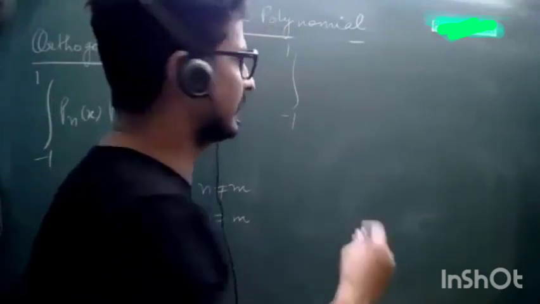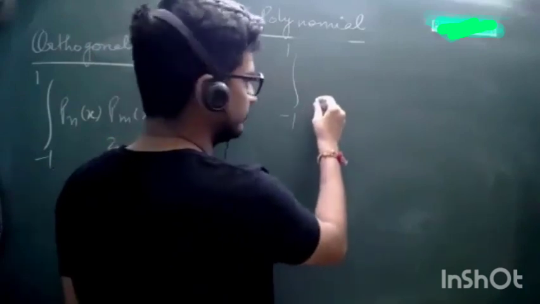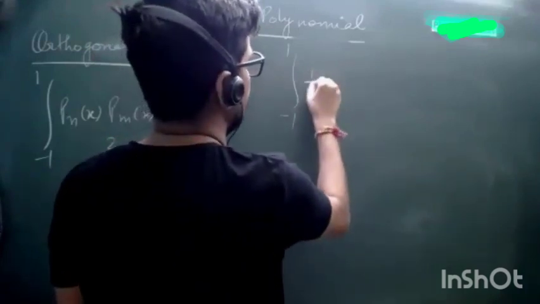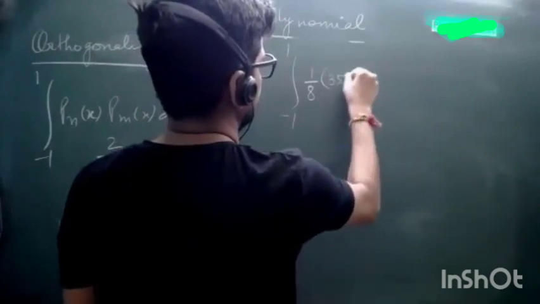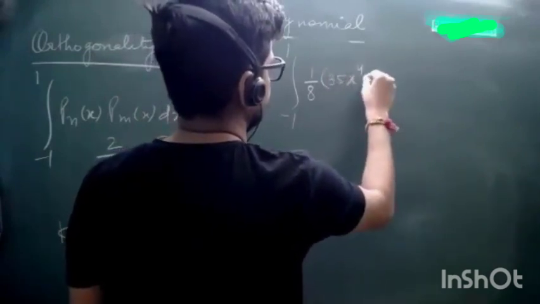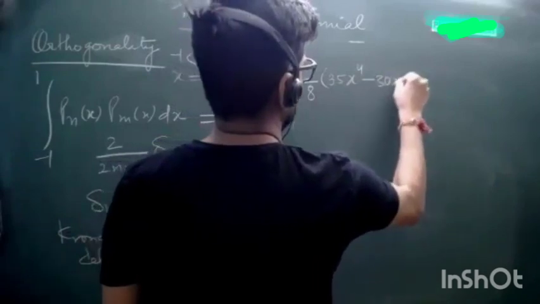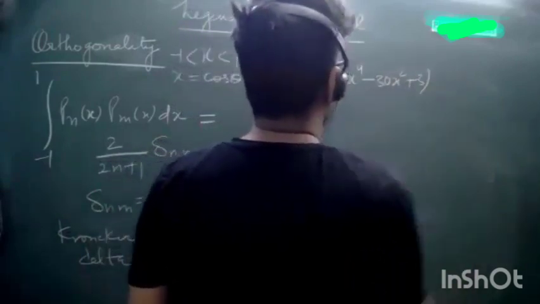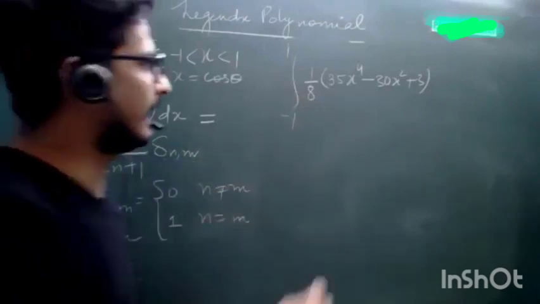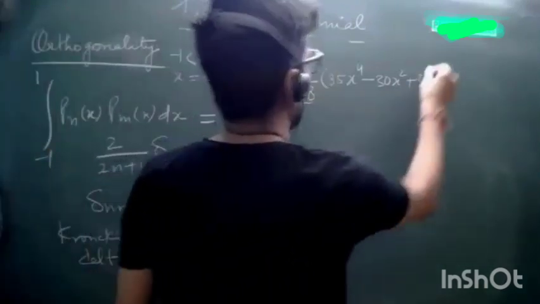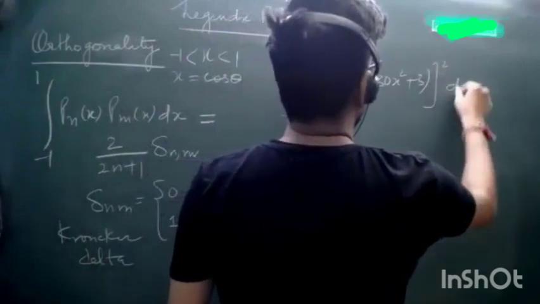Anuj, tell me the value of P4. 1/8 times 35x to the power 4 minus 30x square plus 3. Very good.